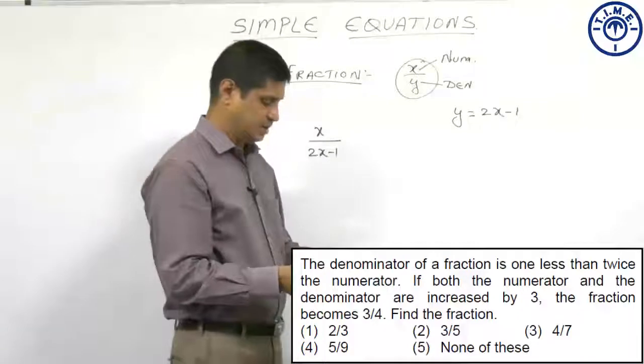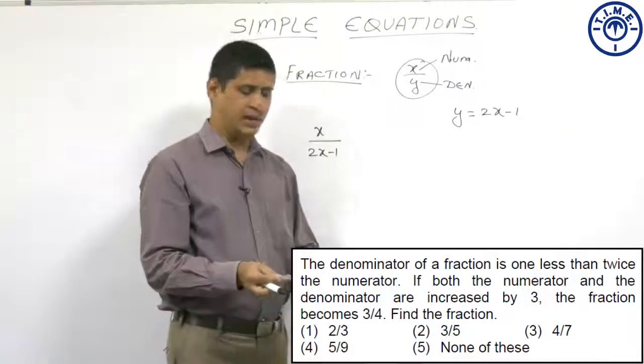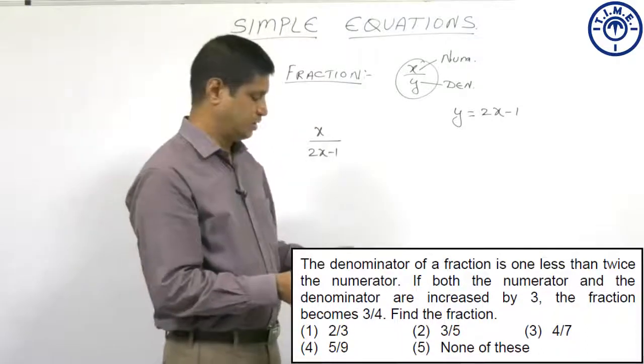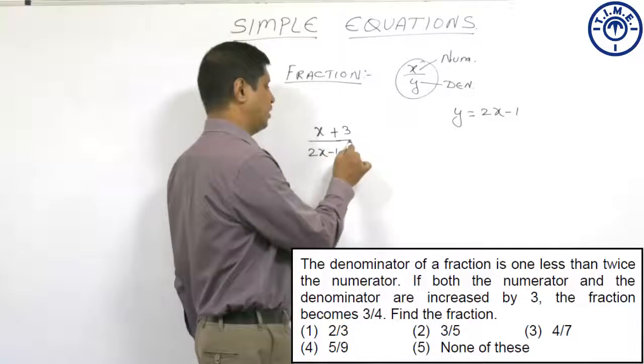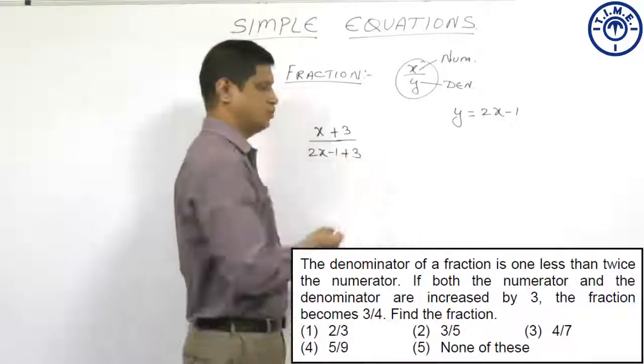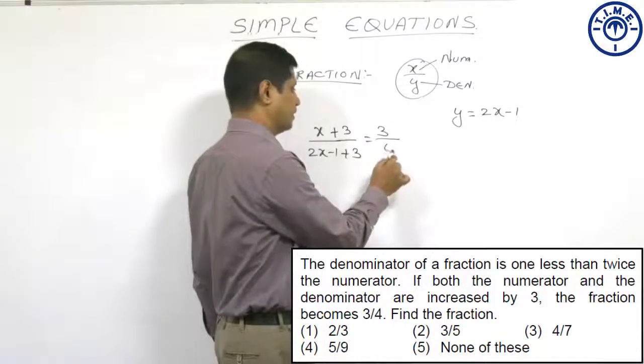Now what is the condition here? If both the numerator and denominator are increased by 3, it becomes 3 by 4. Increased by 3 means 3 is added on either side of this fraction, so that is 3 by 4.